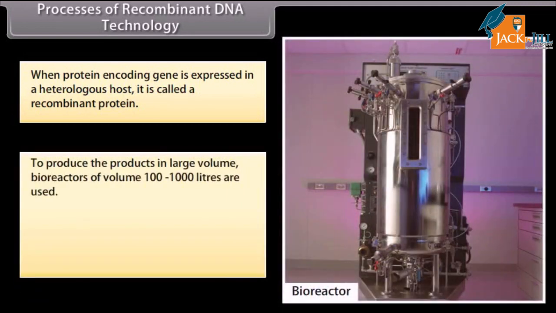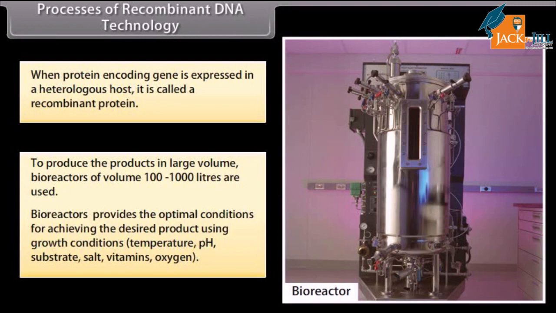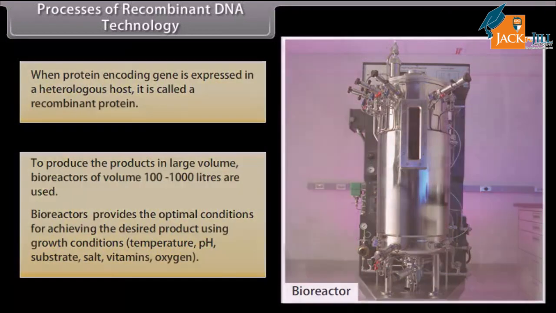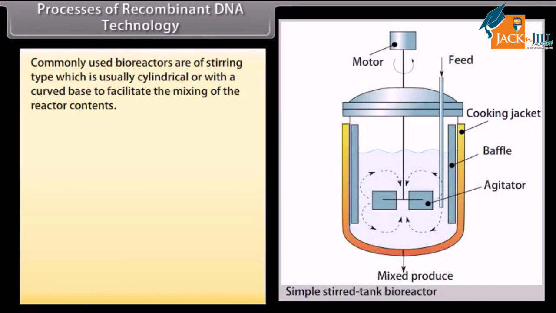To produce products in large volume, bioreactors of volume 100 to 1000 liters are used. Bioreactors provide the optimal conditions for achieving the desired product using growth conditions, temperature, pH, substrate, salt, vitamins, oxygen. Commonly used bioreactors are of stirring type, which is usually cylindrical or with a curved base to facilitate the mixing of the reactor contents.